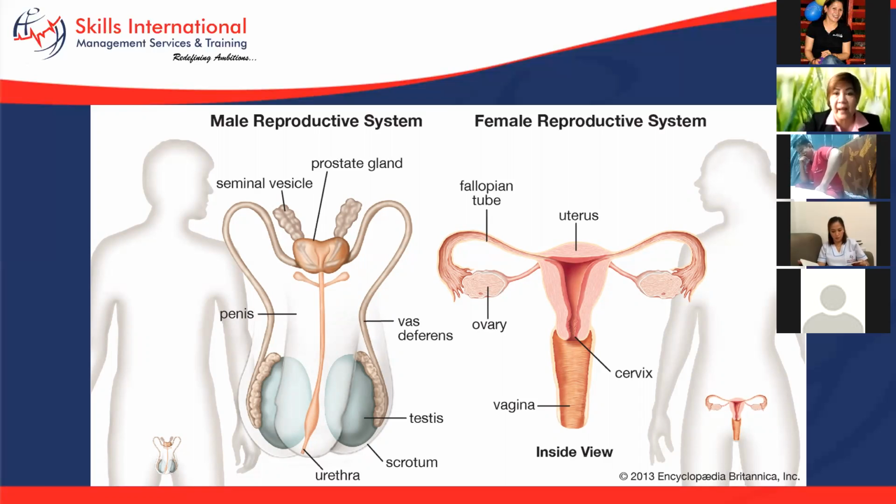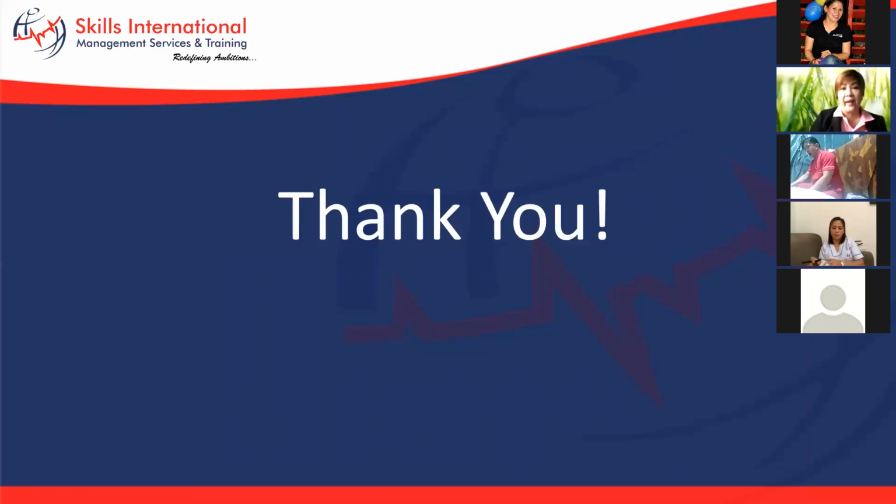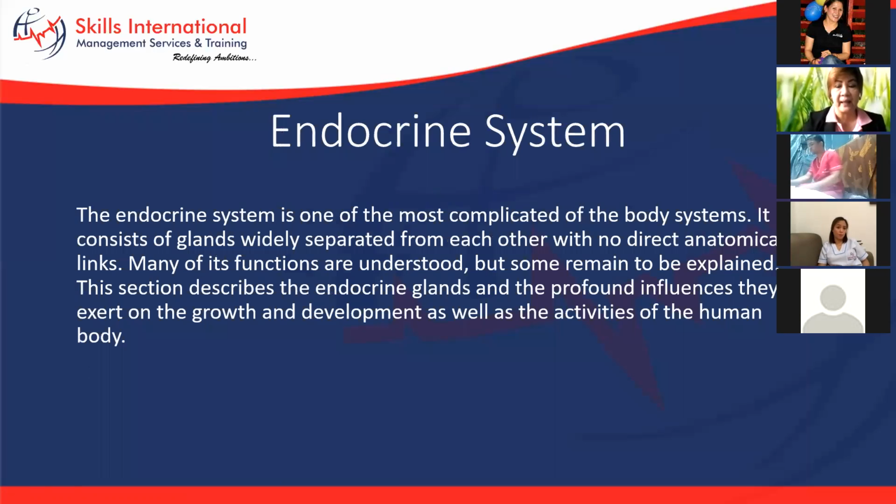So ngayon sa babae, meron tayong left and right na fallopian tube, meron tayong uterus, meron tayong left and right na ovary, meron tayong cervix, at meron tayong vagina. So ito yung consist ng reproductive system for male and female. So we have done with the anatomy and physiology.